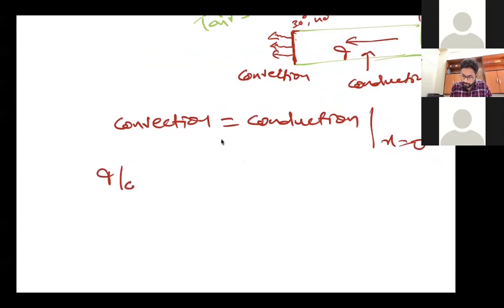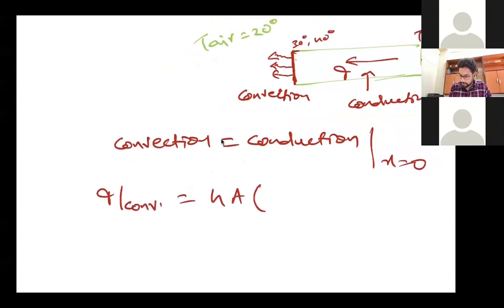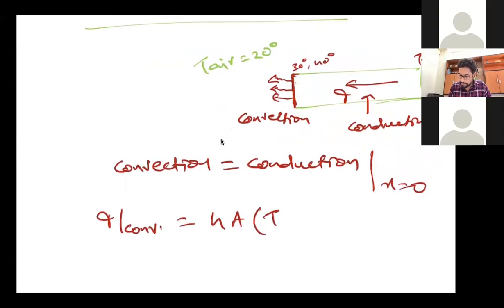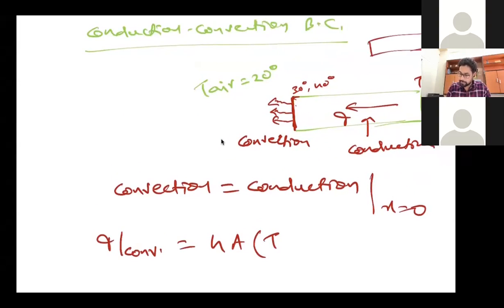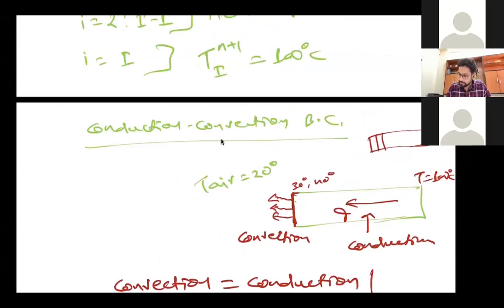Q convection is equal to h A T. Let's say we have already defined this as Ti, right? So we divided this into I equal to 1 and I equal to capital I. So this is 1, right?